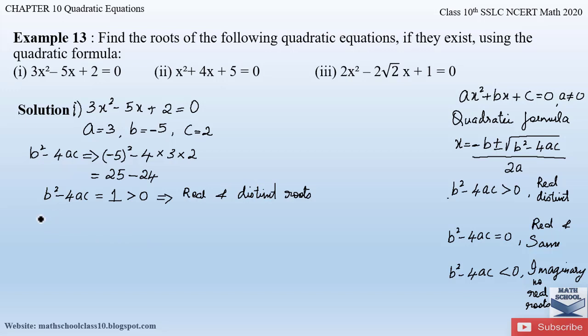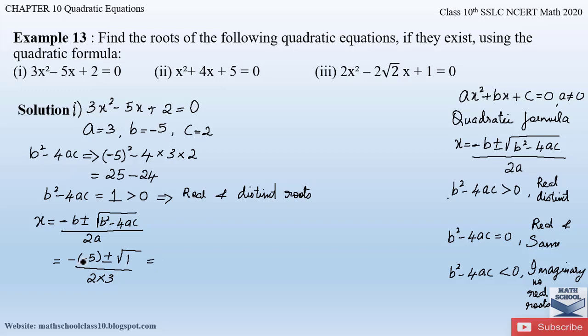Now let us substitute in the quadratic formula, where x is equal to minus b plus or minus square root of b square minus 4ac, divided by 2a. Now what is the minus b value? The b value is minus 5. So minus of minus 5 plus or minus square root of 1, the value we got for b square minus 4ac, divided by 2 into the a value, which is 3.